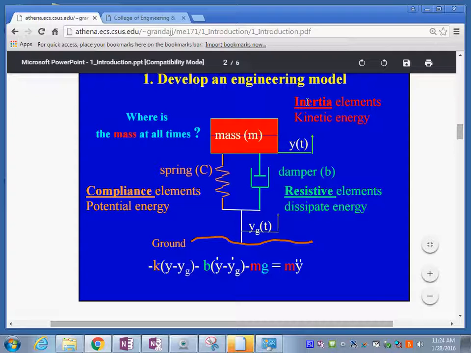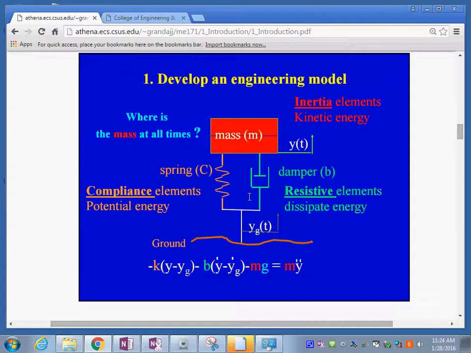This we're going to call the I element. And this one, which is the one that stores potential energy, the spring, is going to be the compliance element, or we will call it the C element in here.